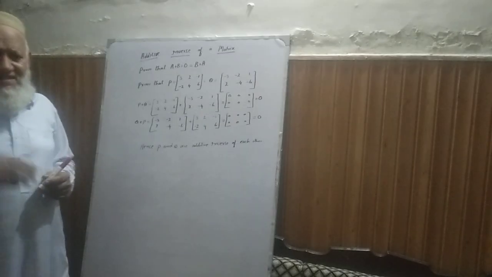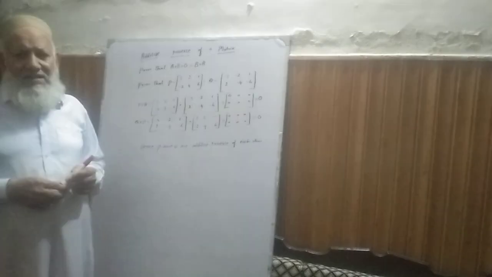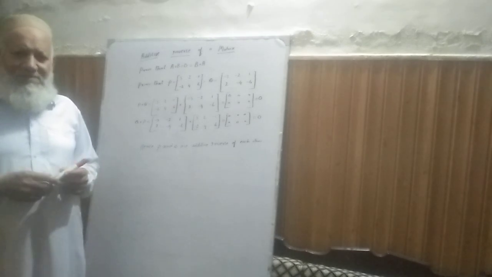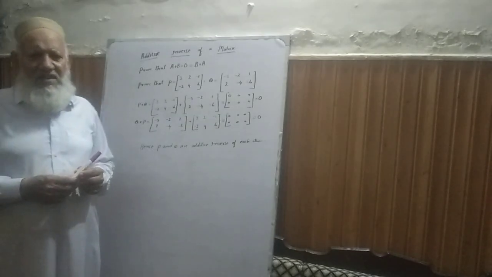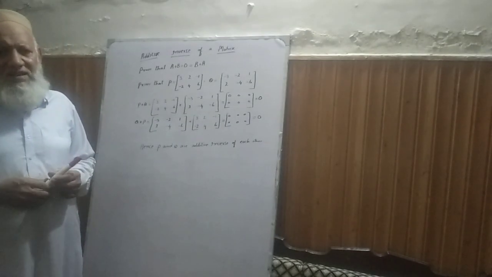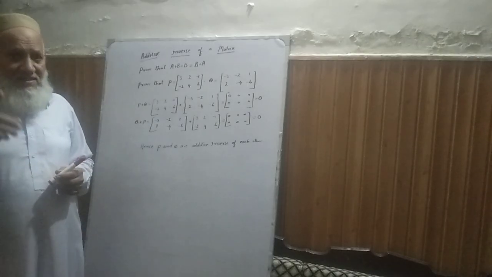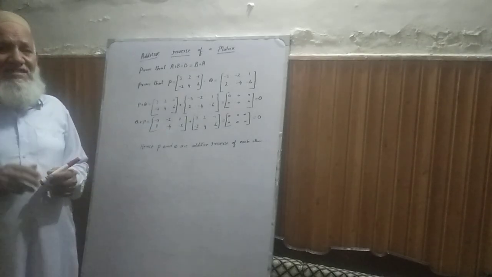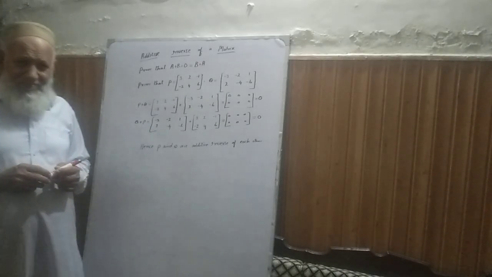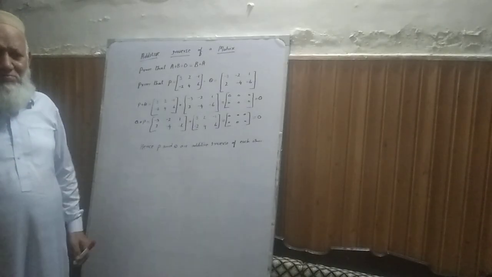If both matrices are comparable and they are opposite of each other, then when we add, the resulting figure will come 0. So it indicates the additive inverse of a matrix.